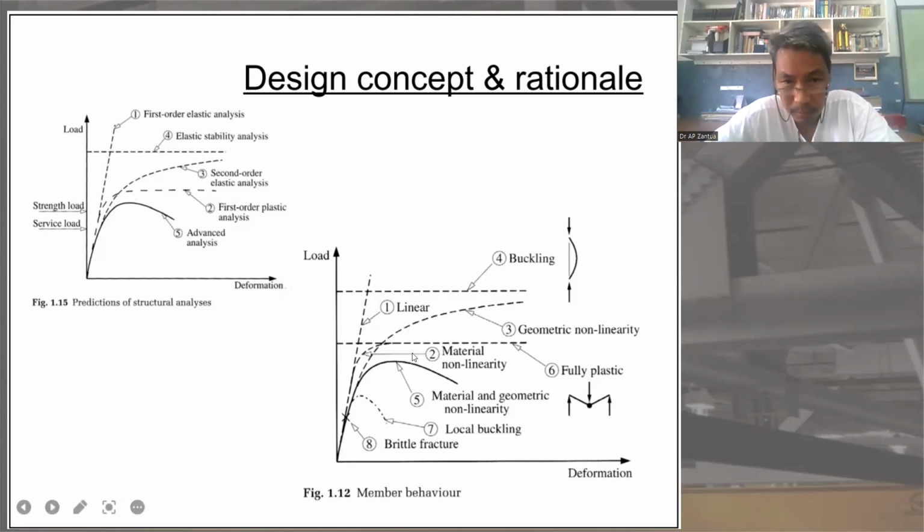For example, number 7, local buckling. If you use elastic stability analysis and the material shows local buckling, it's totally a mistake. Okay, so how to predict local buckling? We do not have the analysis method for local buckling.